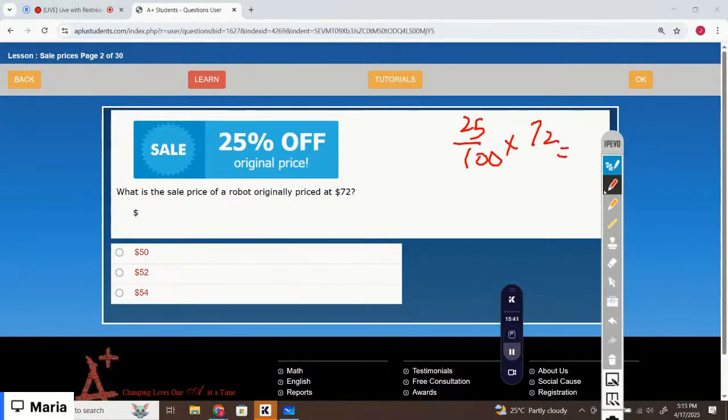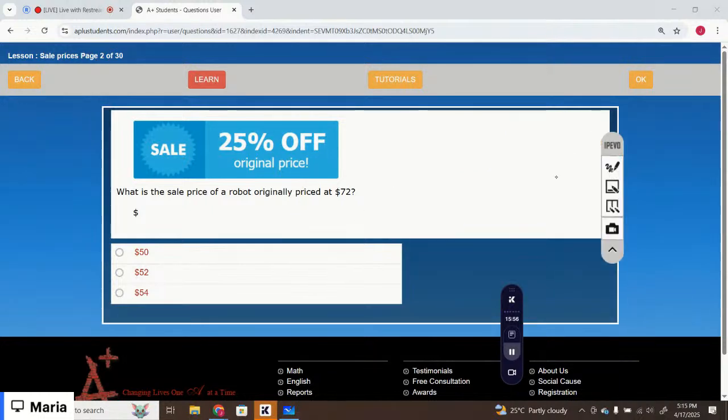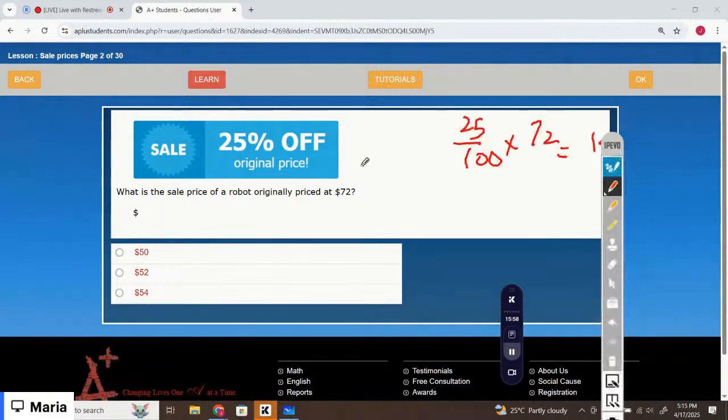So now for the sale price you have to do the original price, 72, minus the discounted price, that is 18. So $54 it is. Option number 3 is the correct option.